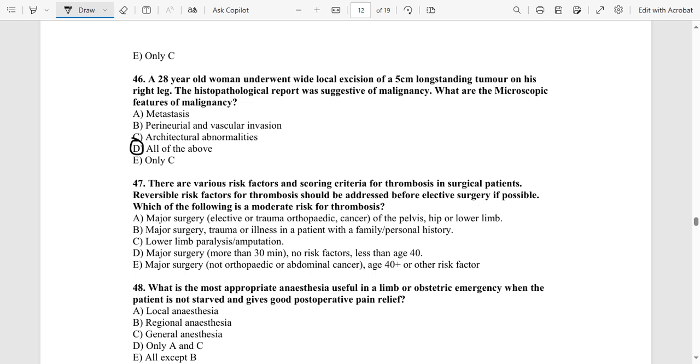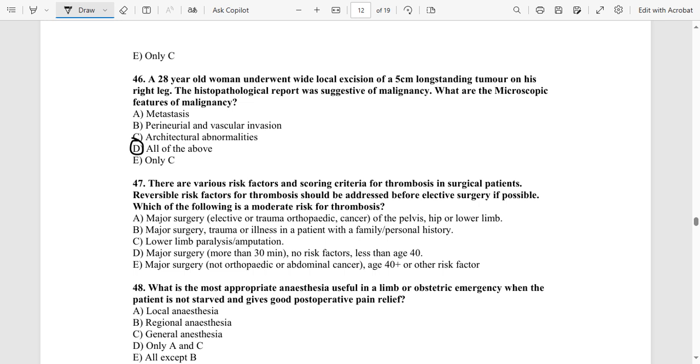Then major surgeries, trauma or illness, lower limb paralysis or amputation, major surgery more than 30 minutes, no risk factors less than the age of 40, major surgery like non-orthopedic or abdominal cancer, age 40, or other risk factors. So when we look at this one, the moderate risk factor is going to give us some percentage of developing.